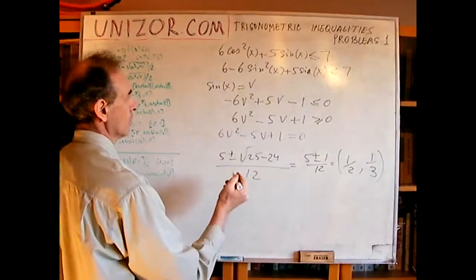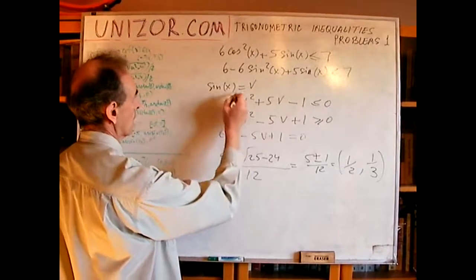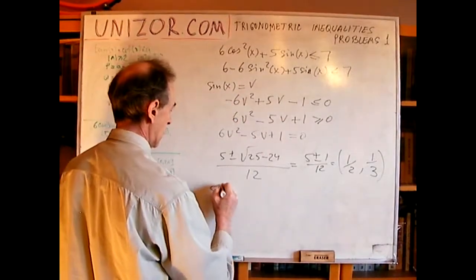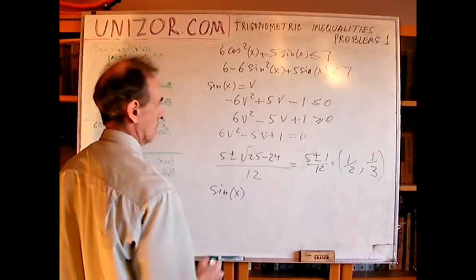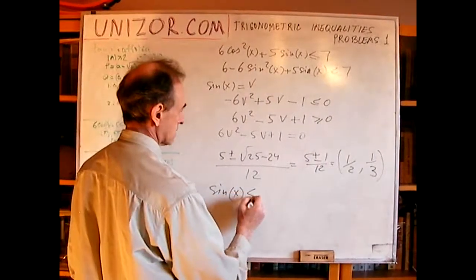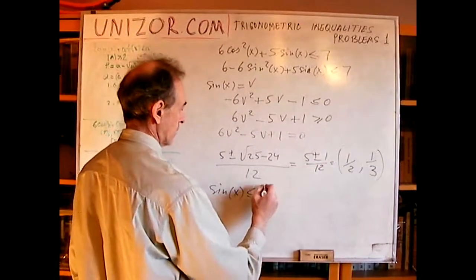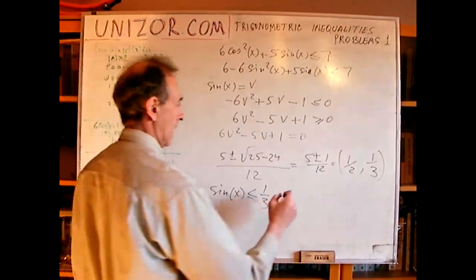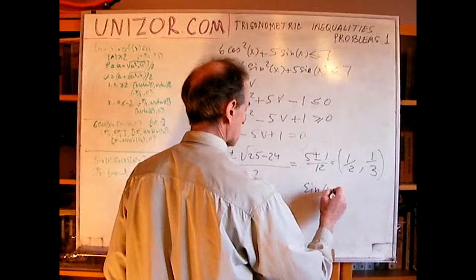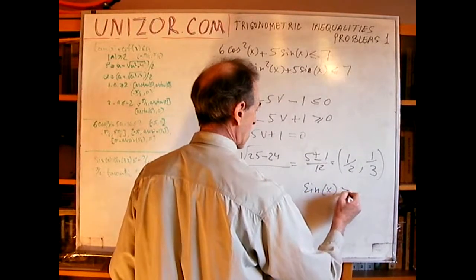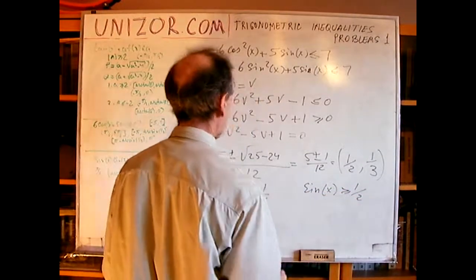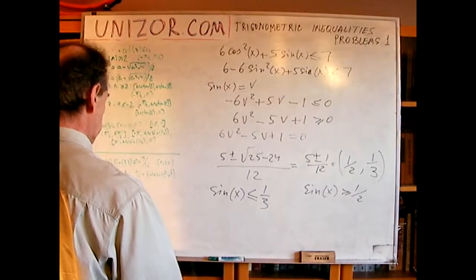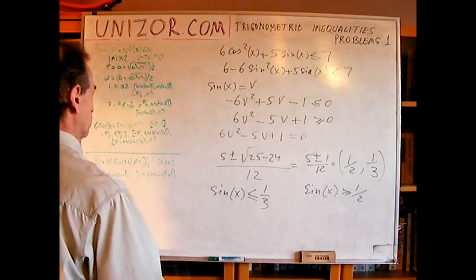So what it goes to is the following. Sine of x is less than or equal to the smallest one. That's one group of solutions. And sine of x is greater than or equal to 1/2. That's another group of solutions.